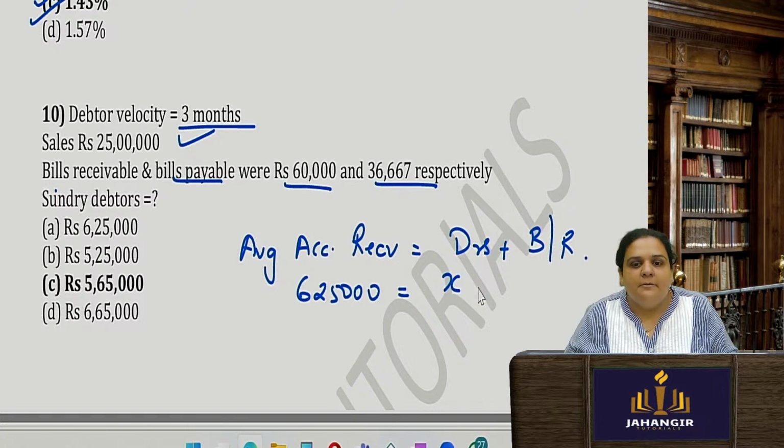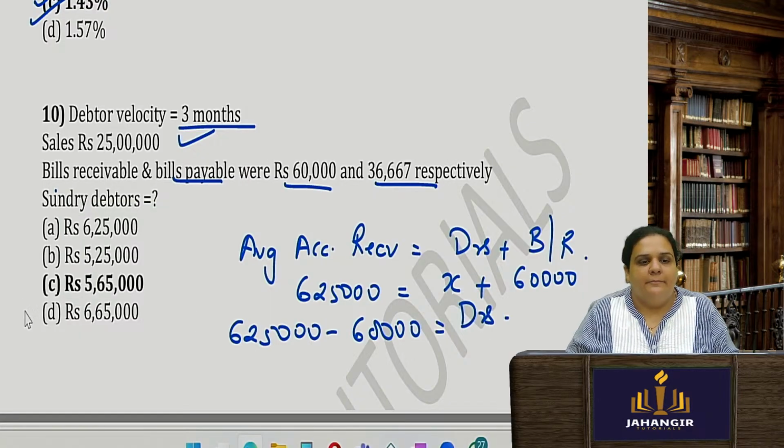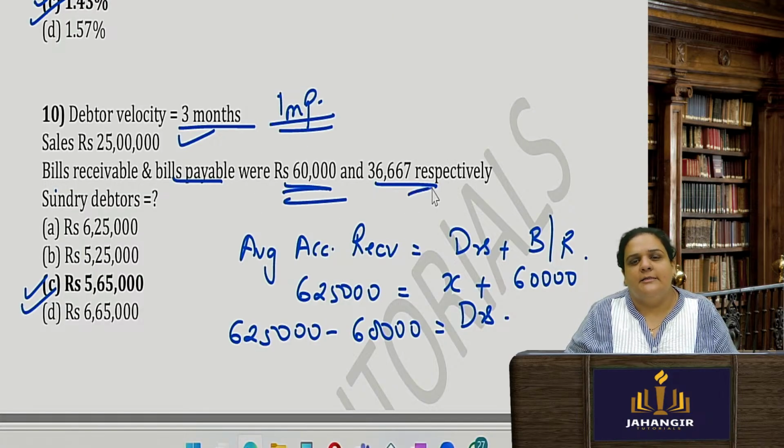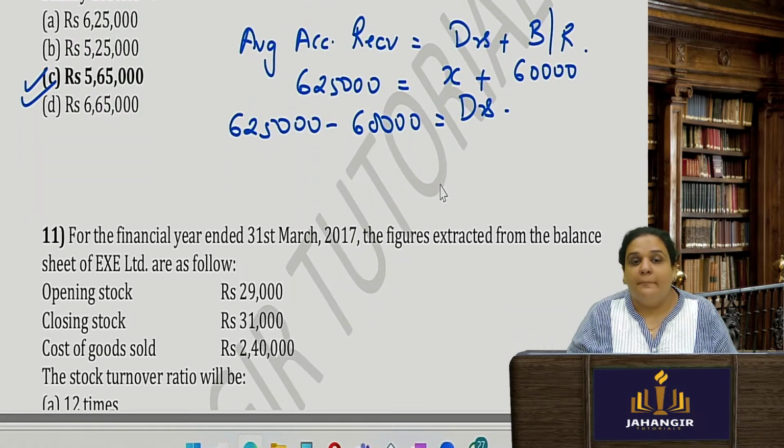Debtors they are asking me to find, and bills receivable they have already given it to me. So 6,25,000 minus 60,000 will be my debtors amount. Therefore it will be 5,65,000. It is an important sum. Why important? Because we miss out on these small details sometimes. It's given in the question, we have to apply.